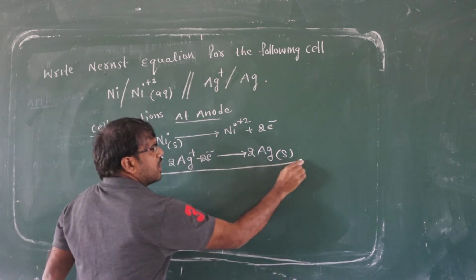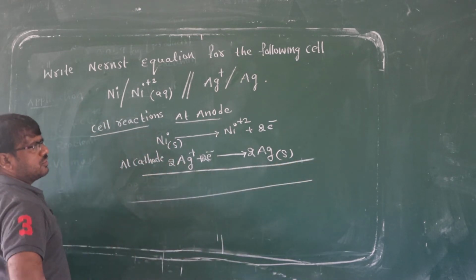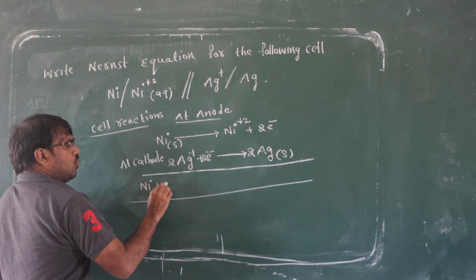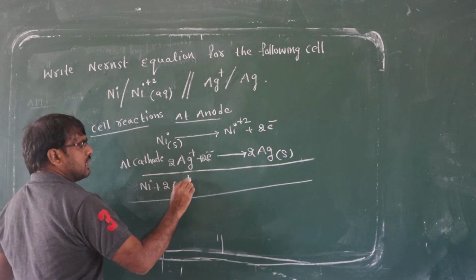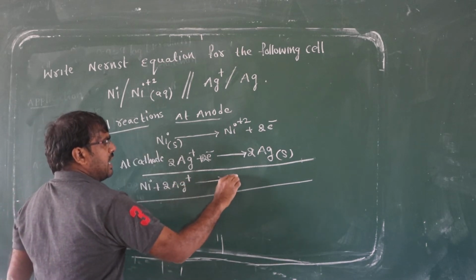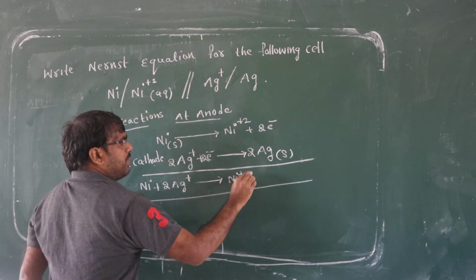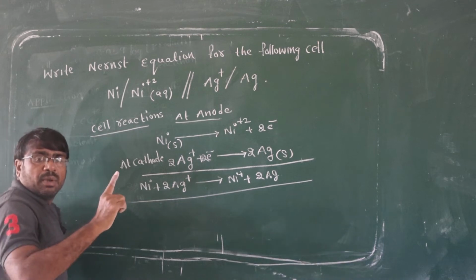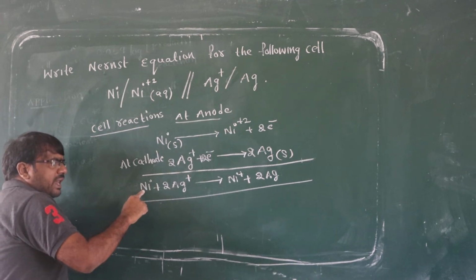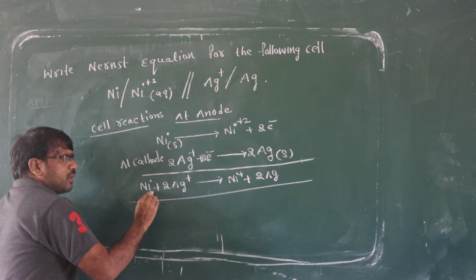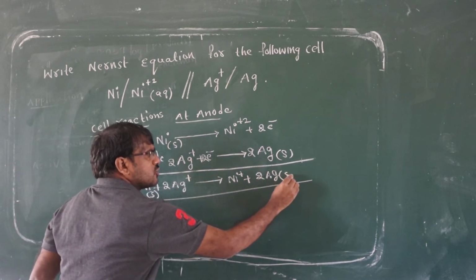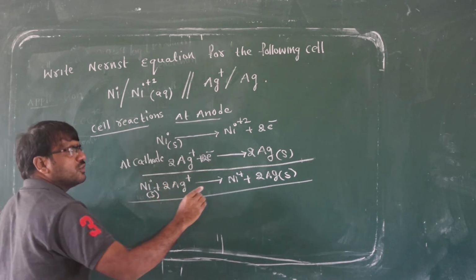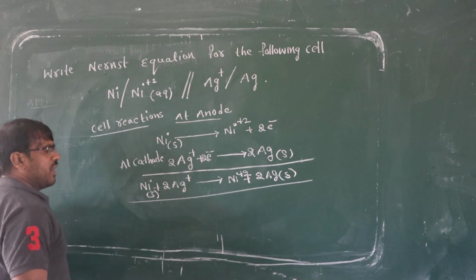So then we can write the overall reaction like this: Ni + 2Ag+ gives Ni2+ + 2Ag. Remember, on the reactant side nickel is solid, on the product side silver is solid, and no need to consider their concentration; their active mass is considered as 1.